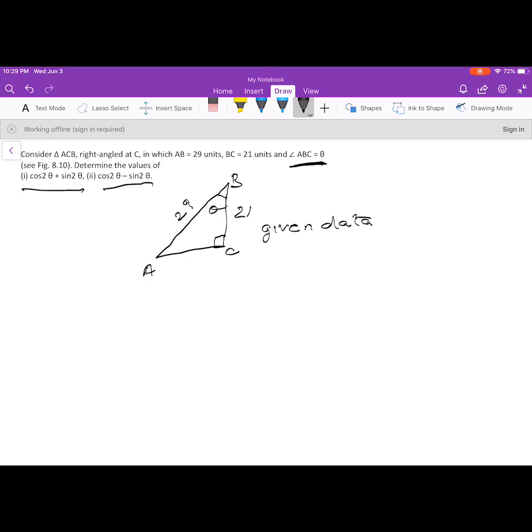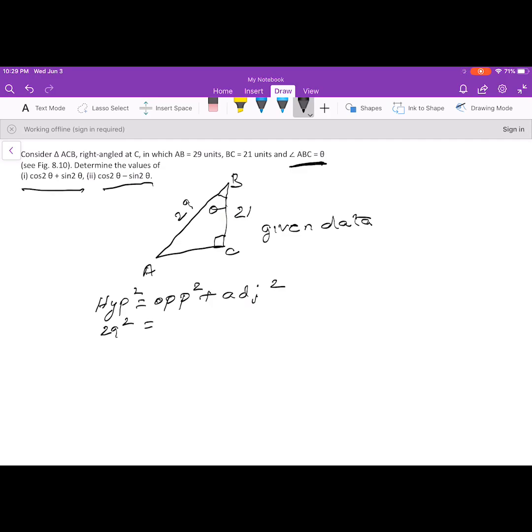For this, first we need to know AC. For that I will use the Pythagoras theorem. Hypotenuse square is equal to opposite square plus adjacent square. My opposite is not given, but my hypotenuse is given. Hypotenuse is the side opposite to 90 degrees, that is 29.